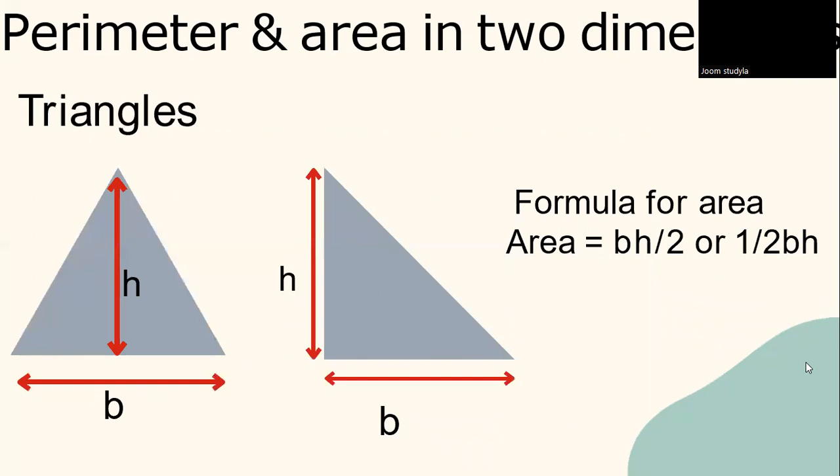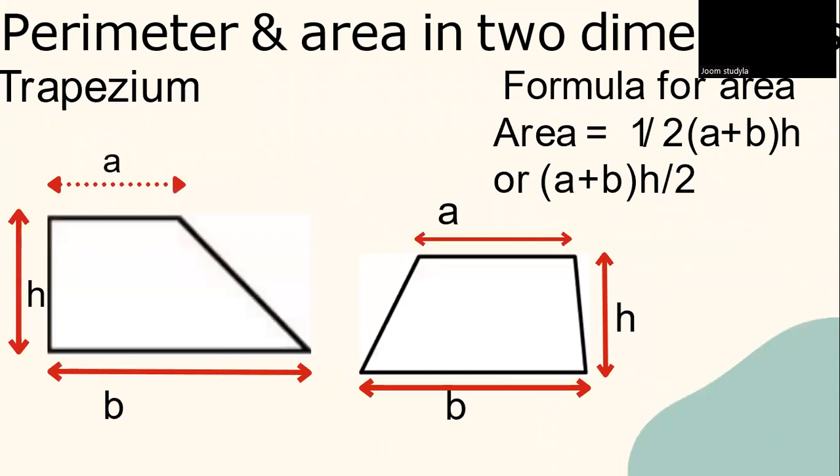Next, we have triangles. The formula to calculate the area of the triangles is BH divided by 2 or half BH. Trapezium.